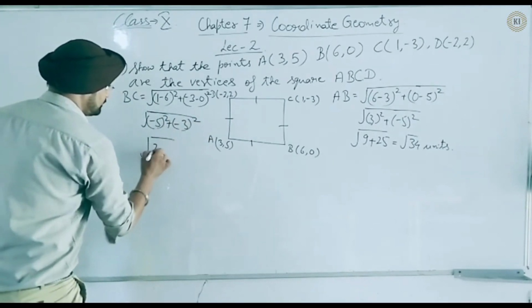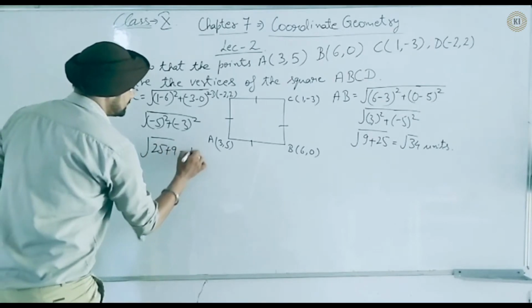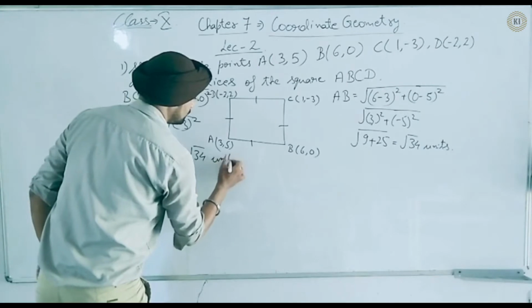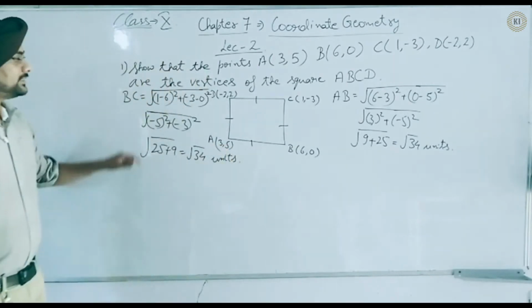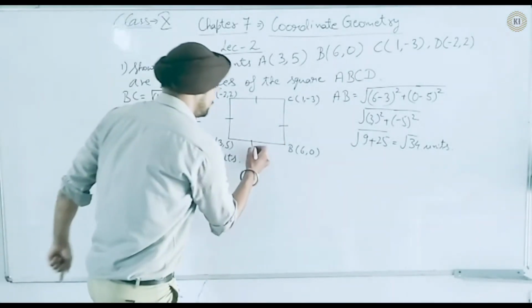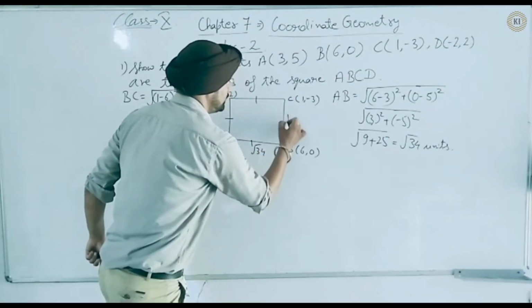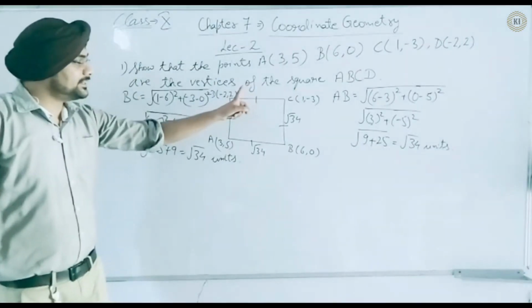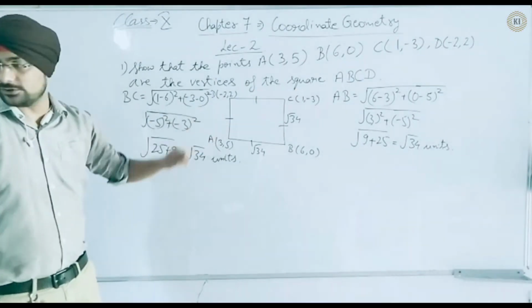Again it will come 25 plus 9, that is under root 34 units. So now you can see here AB is root 34, BC is also root 34. In the same way, you will calculate CD also and DA also.